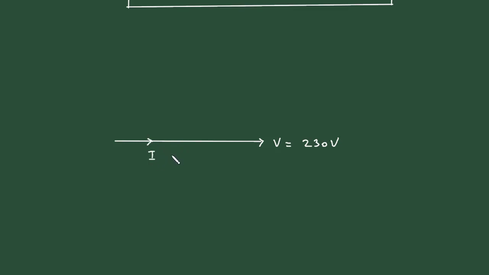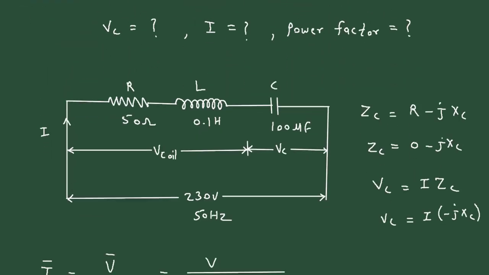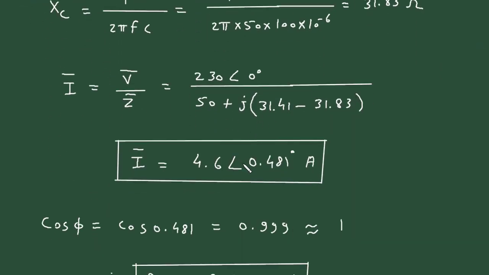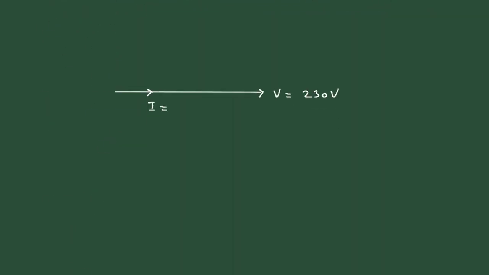We are considering this as 0 and we are considering this in phase. So I is equal to 4.6 ampere.